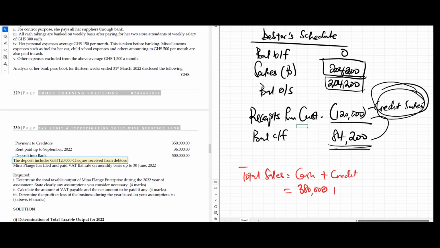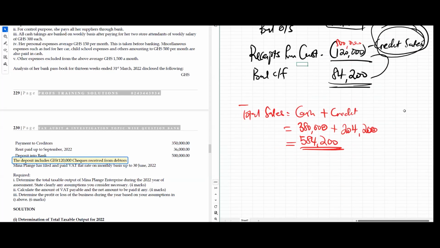Credit sales now we've gotten it at 204,200. So in that case, that's 584,200. Okay, so we have 584,200. If you put the 500,000 here, you would have gotten the same 584,200 here as the total sales per control account. Does it make sense?